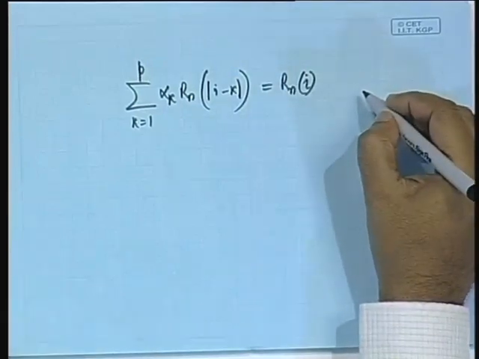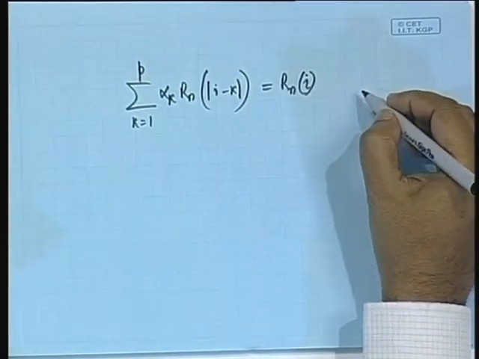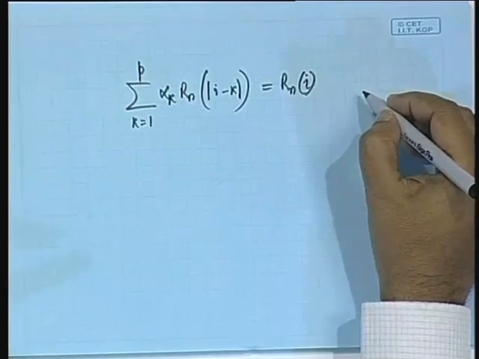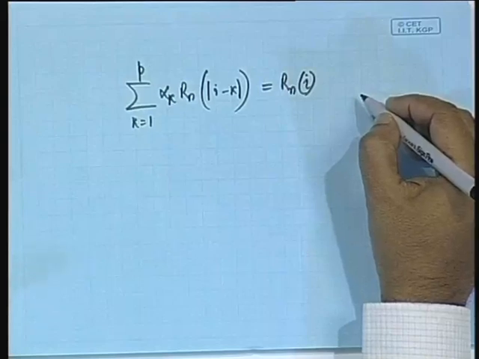And how many such equations are there? Same, p equations. Just note that till now we haven't solved the equation. We are back again to the same equation. Whatever was our starting point, we are back again to the same equation, just written in a different form, that's all.